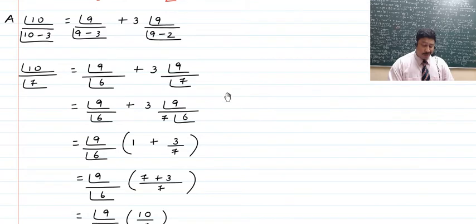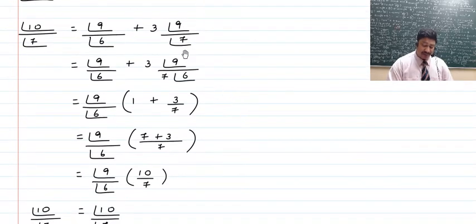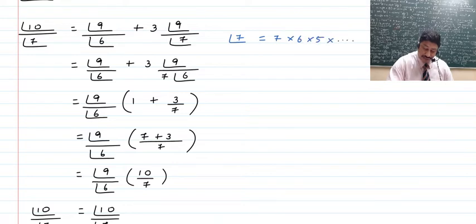Now here we solve this out. On the left hand side we have factorial 10 divided by factorial 7, and on the right hand side, children, we have factorial 9 divided by factorial 6 plus 3 times factorial 9 divided by factorial 7. Now next we can write this as factorial 9 divided by 7 times factorial 6, because factorial 7 can be written as 7 into 6 into 5, and all of that continues up to 1.